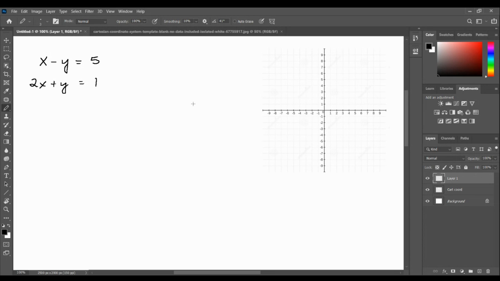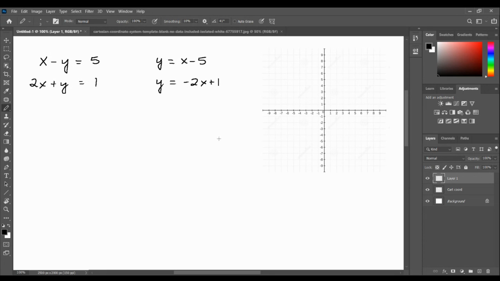If we were to put these into slope-intercept form, solving for y, this first one would be y equals x minus 5. We would add y to both sides and subtract 5 from both sides. And this other one would be y equals negative 2x plus 1.